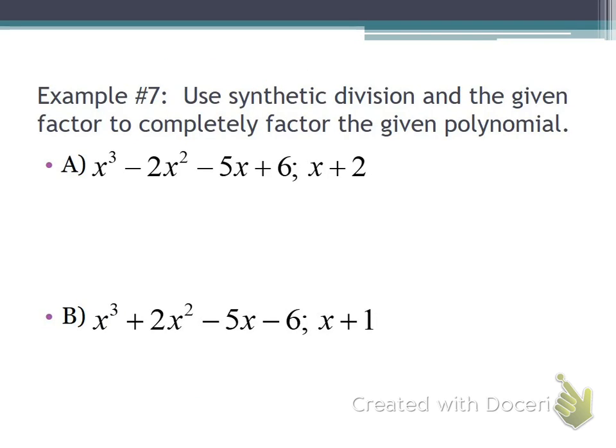All right. Example 7, parts A and B, ask us to use synthetic division and the given factor to completely factor the given polynomial. So this goes back to what we were doing at the beginning of the lesson, where we had to write out our answer with the decreasing degrees, the decreasing exponents on our new coefficients.